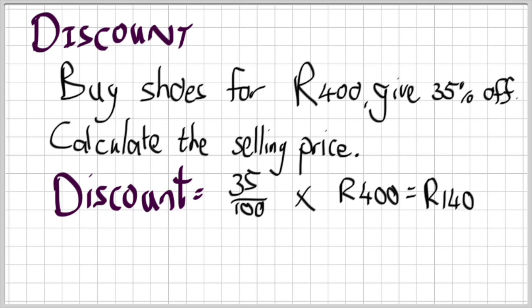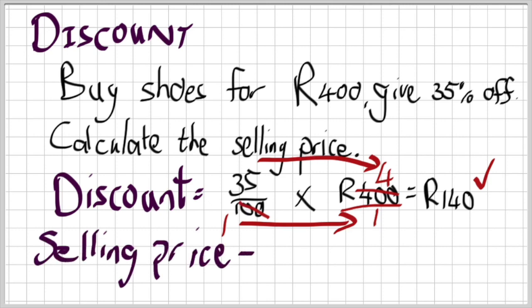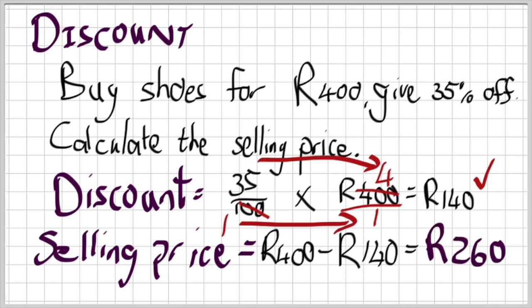If you want me to go step by step, remember that's 400 over 1. 100 goes into itself once, into 400 4 times. Therefore, I can multiply the numerators and the denominators, giving me 140 Rand. In essence, then I've got to deduct the 140 from the 400, which gives me a total value then of 260 Rand.